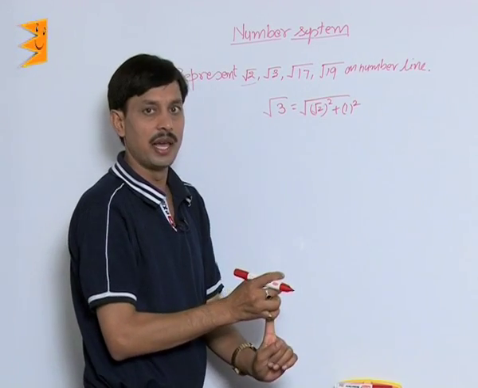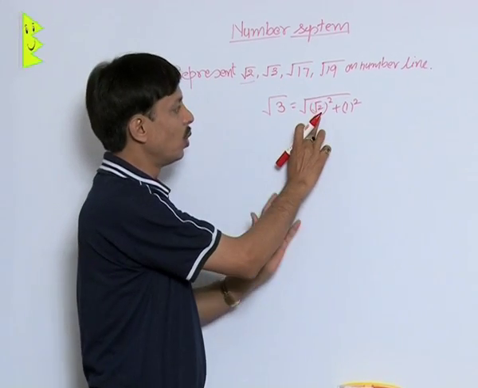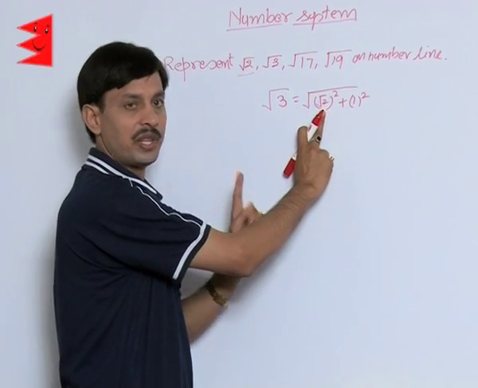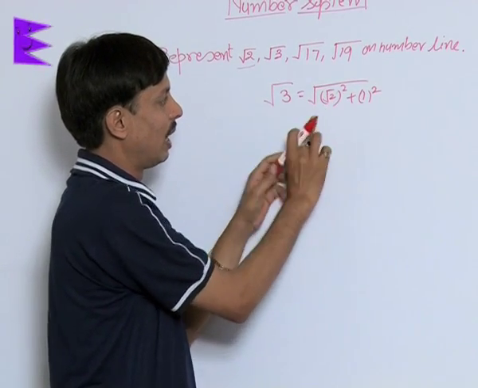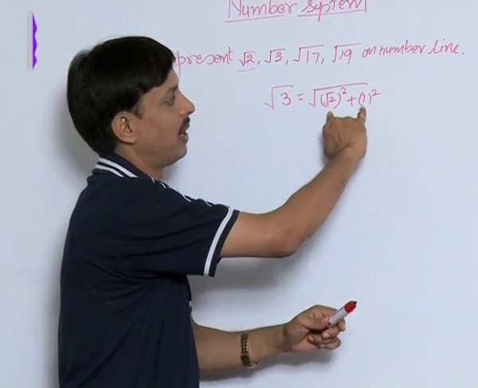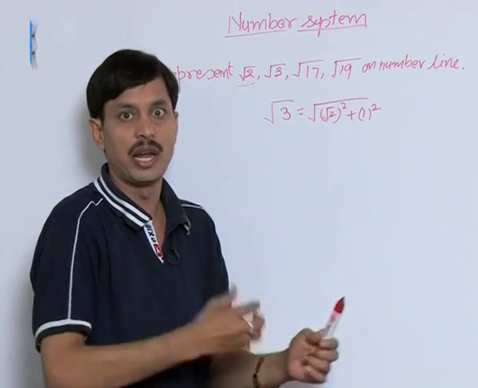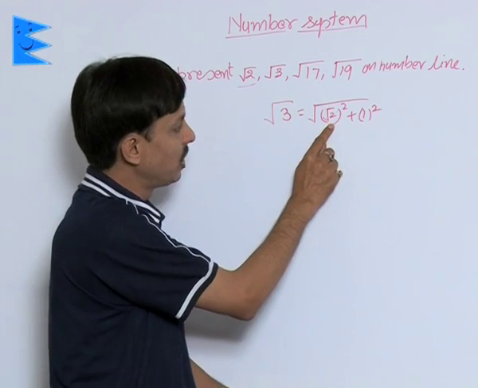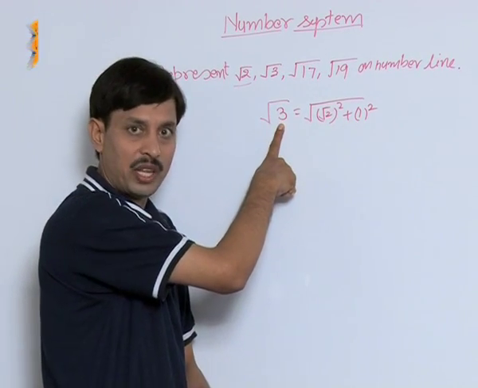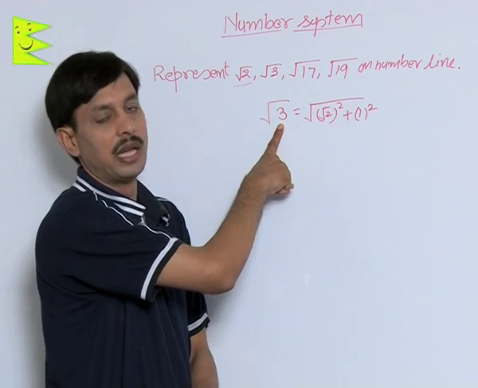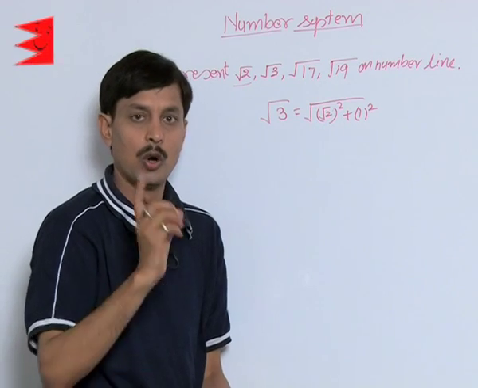It means first I need to represent root 2 on the number line. Then with the help of that, and perpendicular 1, I will construct a right angle triangle whose base is root 2 and perpendicular is 1, then its hypotenuse will automatically be root 3, and that can be brought out with the help of the compass and pencil on the number line.